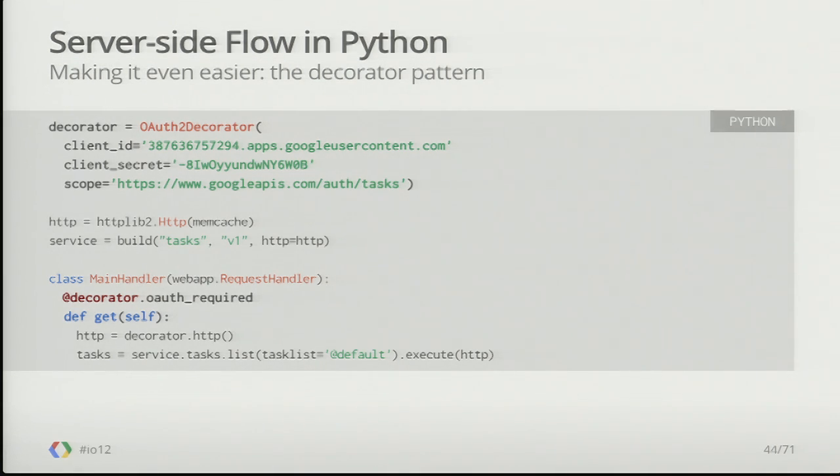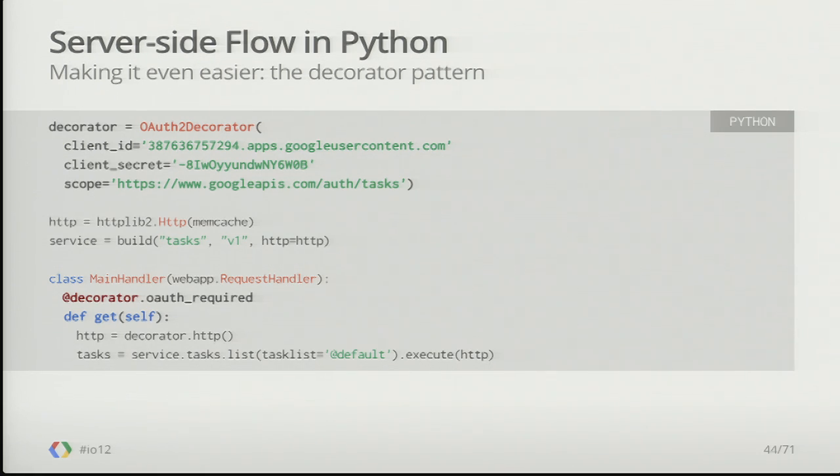I want to show you one other thing here. The code before wasn't that challenging, but we can even make it easier. This is showing you the decorator flow, or decorator handler, in the Python library.